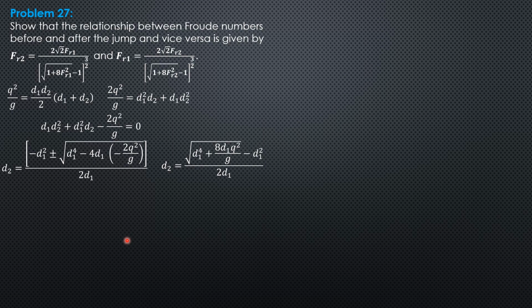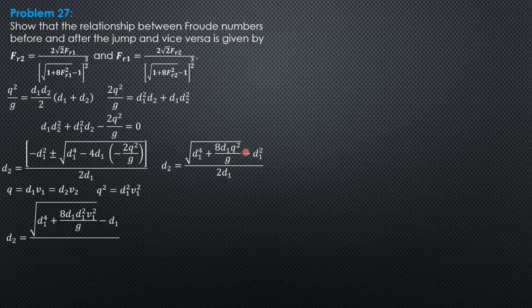Simplifying further, take note that q = d1 v1 = d2 v2, so q² is d1² v1², and it is also d2² v2². So d2 therefore is equal to the square root of d1² plus 8 d1 times q², which is d1² v1² from here, over g, then minus d1², all over 2 d1.